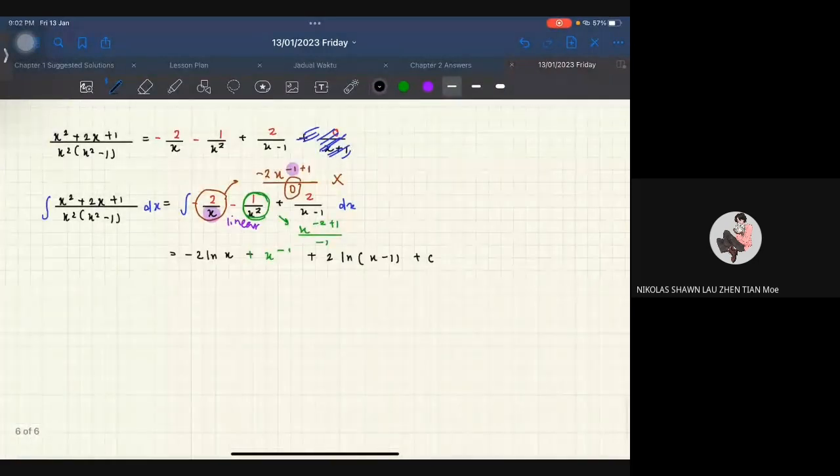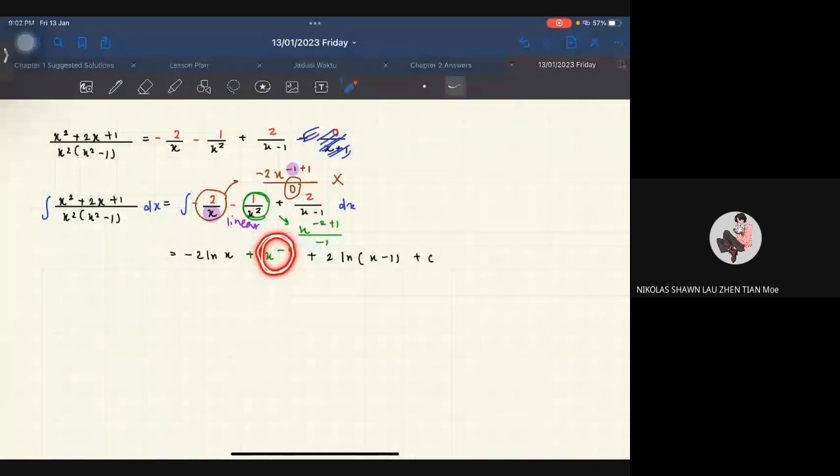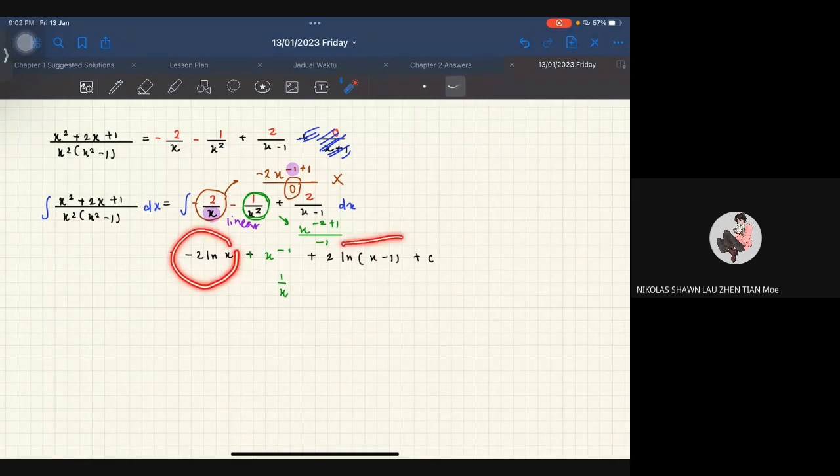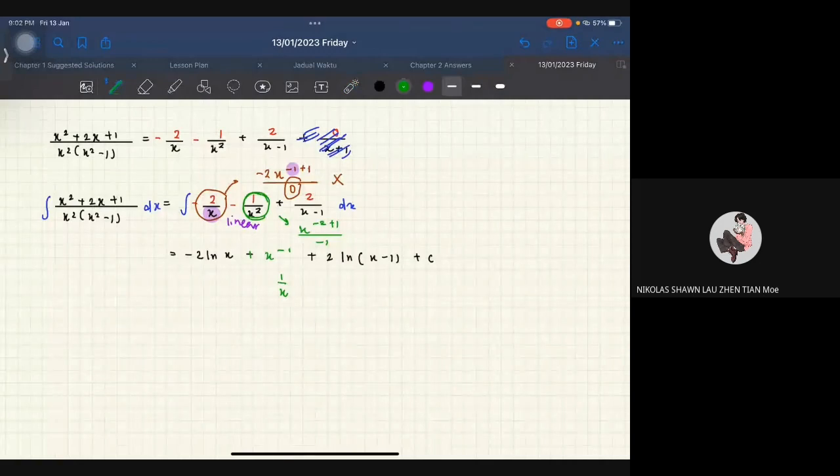Okay, so kita rearrange everything back. This one kita boleh bawa ke bawah. So I get 1 over x untuk yang itu. So the green one is going to be 1 over x. Okay, and then we can also combine these two. Saya ada 2 ni. Okay, so saya factorize dulu 2. Saya susun untuk awak.